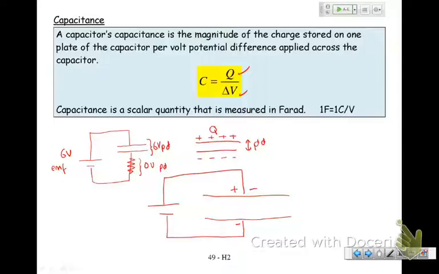To get the second charge on there is harder because it's got to come close to the first charge. To get the third charge on here is even harder. The fourth is even harder. The fifth is even harder. The sixth is even harder. And I don't have enough energy in this battery to get the seventh charge on there. So I'm fully charged. It's like the parking lot is full.